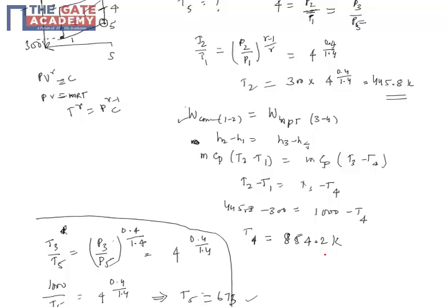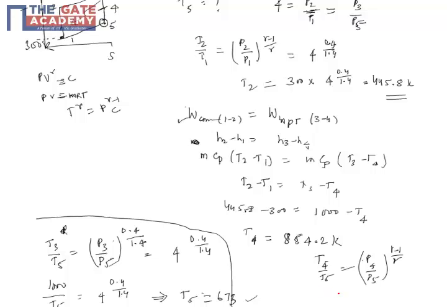Okay, but if you want to do it the other way, once you get T4, then T4 by T5 you have to apply, which is nothing but P4 by P5. P4 by P5 you don't know, but you know P3 by P5.